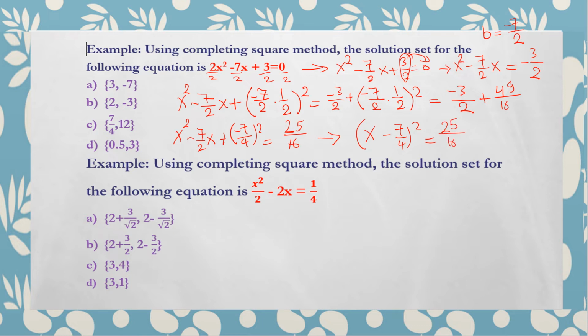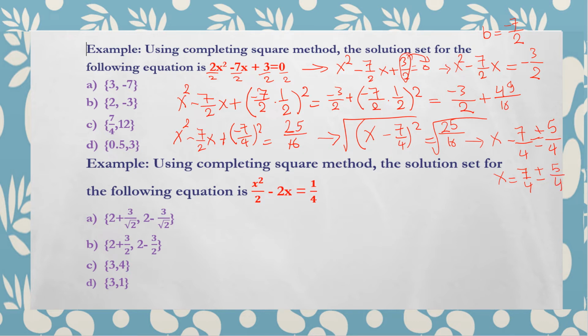By taking the square root for both sides, we get x minus 7 over 4 equals plus or minus 5 over 4. And this would equal x equals 7 over 4 plus or minus 5 over 4.